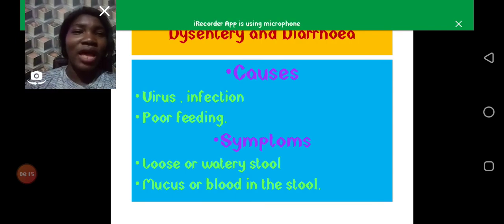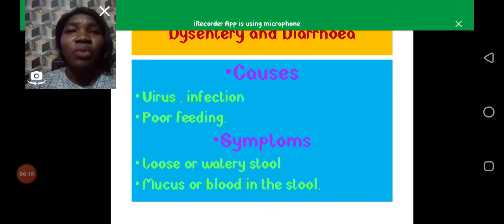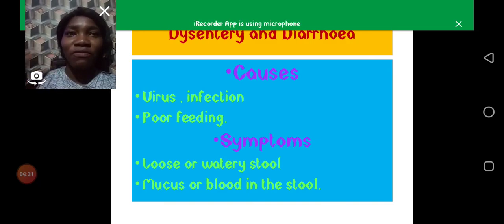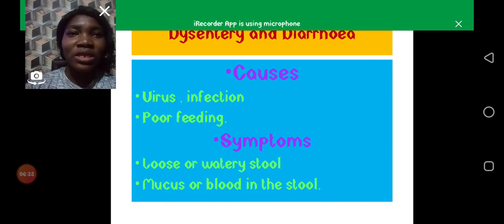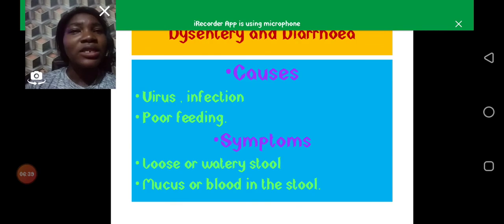Do you understand? Now, what are the symptoms of dysentery and diarrhea? Number one is loose or watery stool. When you notice that your stool is watery, then you should know that this must be diarrhea. Or when you are vomiting and stooling frequently, then definitely you have these two illnesses.